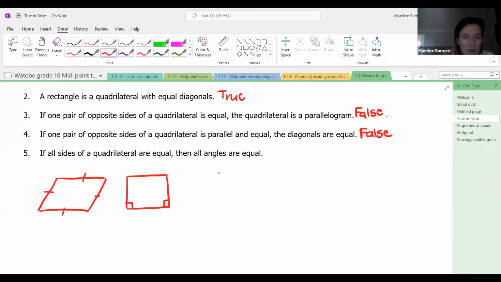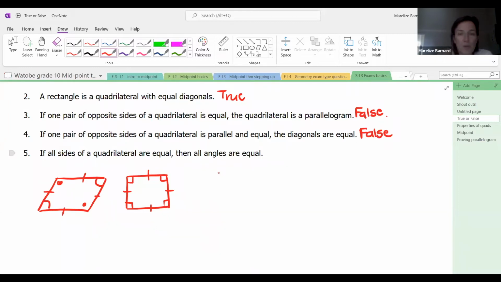So in the case of a square, yes, all the angles are 90 degrees. But in the case of a rhombus, all the angles are not equal. We know that for a rhombus, the opposite angles are equal. And for a square, all the angles will be equal.